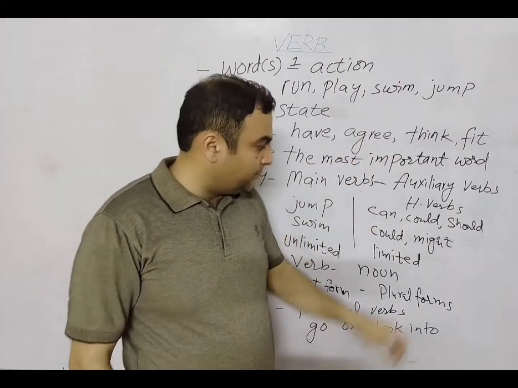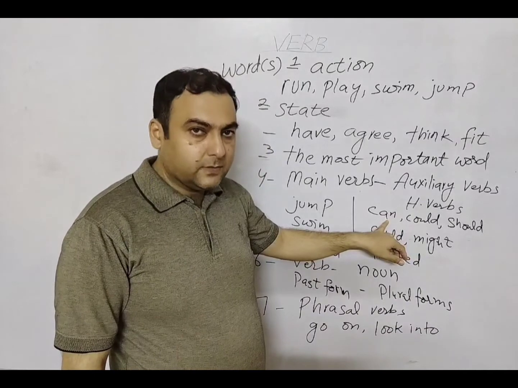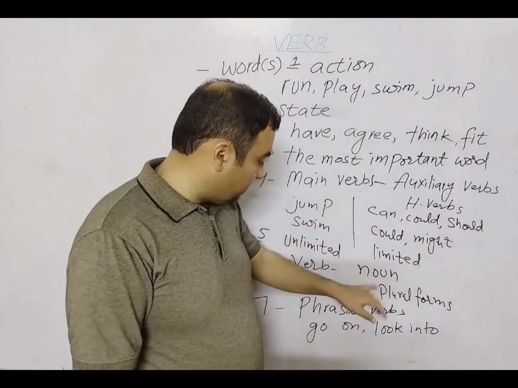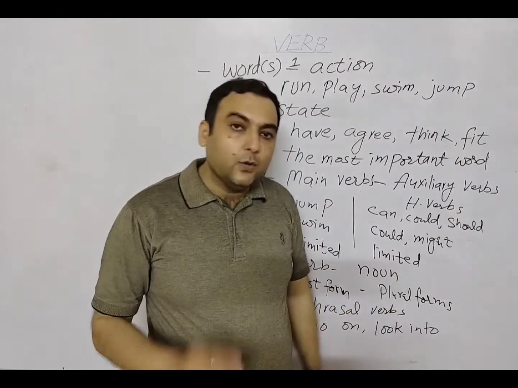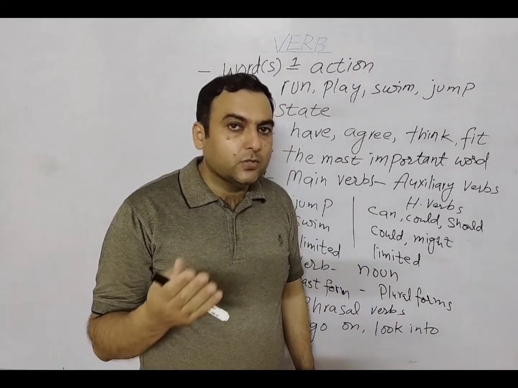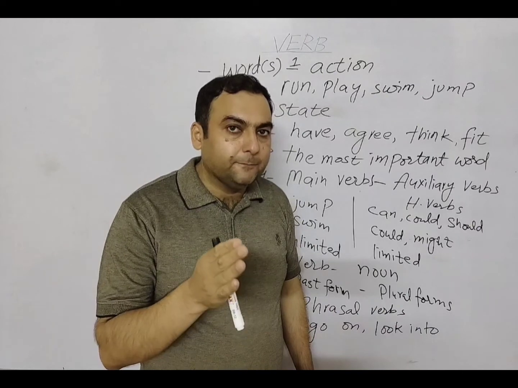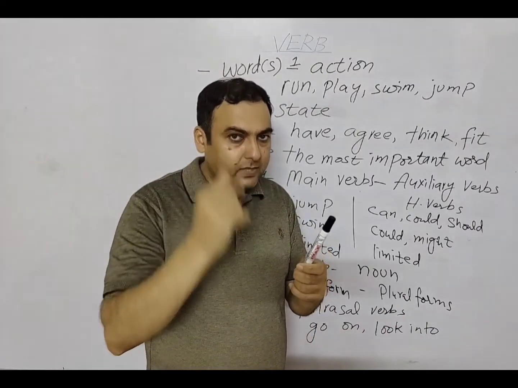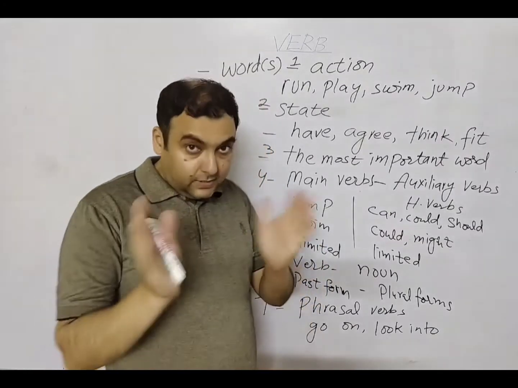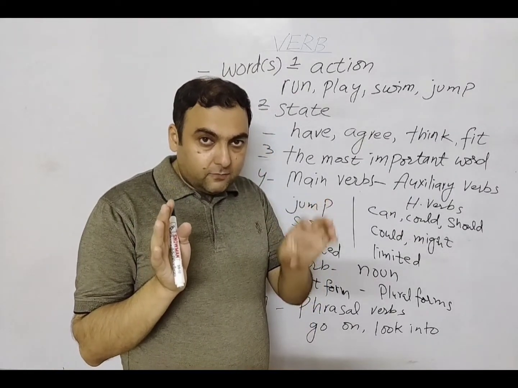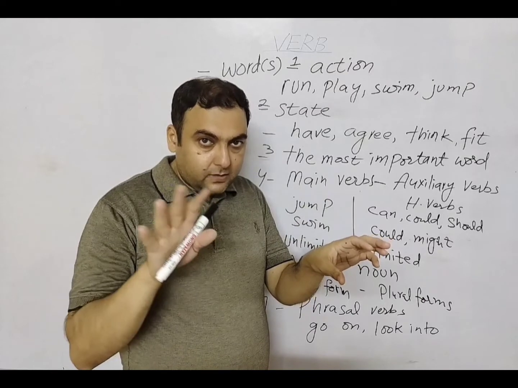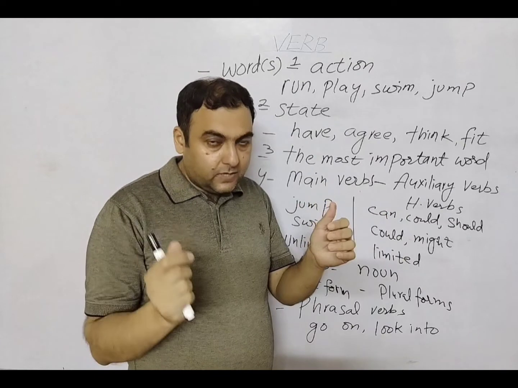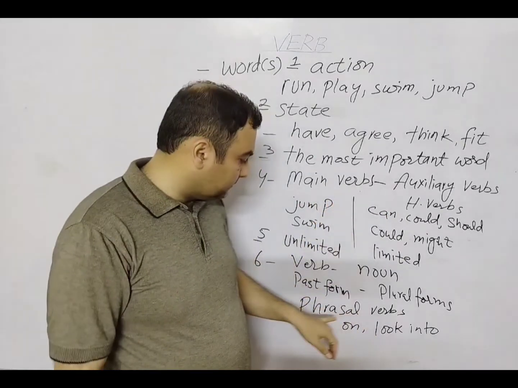Even these verbs have a past form: can, could, may, might, right? And nouns have a plural form. Most nouns have a plural form, like marker, markers, fan, fans. These are nouns and they have a plural form. So that's the basic difference. Verbs show action, nouns don't show action. Verbs have a past form, nouns don't have a past form, they have a plural form.